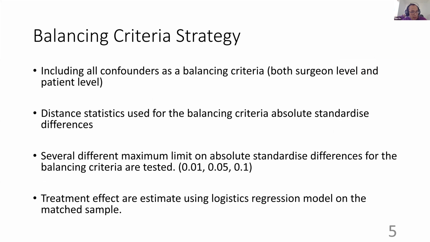So for the balancing criteria strategy in this simulation study, I included all the confounders as balancing criteria for the cardinality matching part, so both the surgeon level confounder and the patient level confounders. Then the distance statistic that I set for the balancing criteria is the absolute standardized difference.